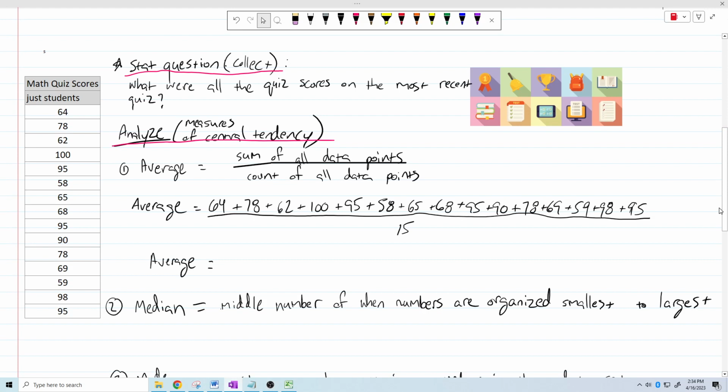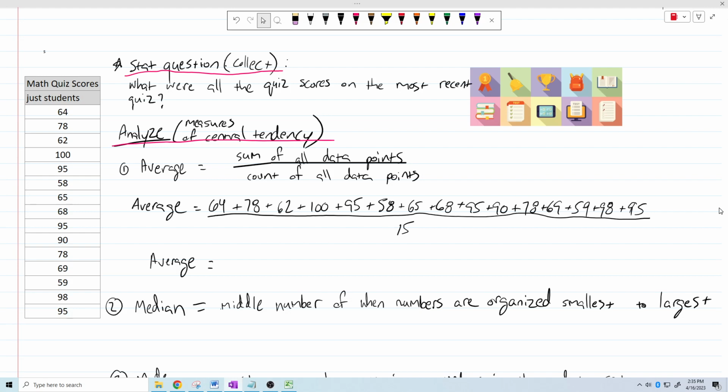Following along with the statistical storytelling process of collecting and then analyzing, I've collected data, and I asked a question in order to collect the data. The question being, what were all of the quiz scores on the most recent quiz? Now, I just made all these up, by the way, so don't be alarmed. But yes, you ask such a question, you collect data, and then you can analyze the data.